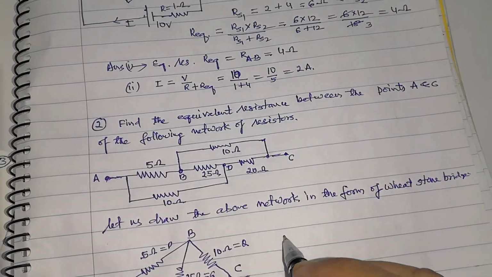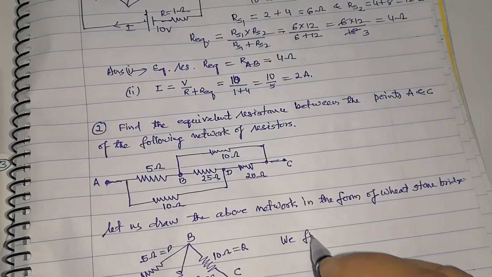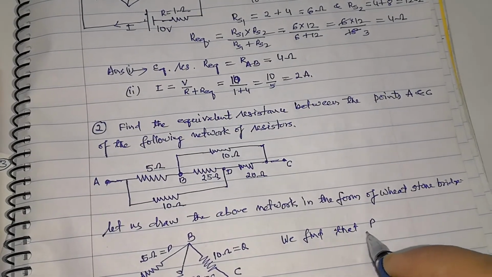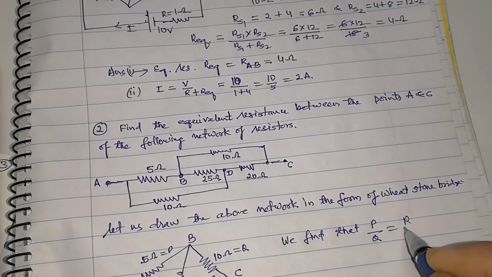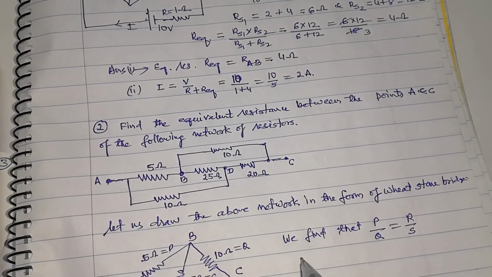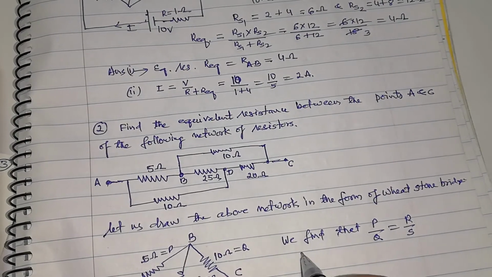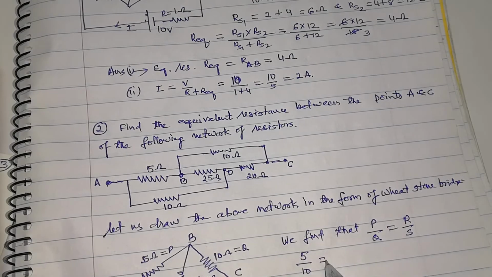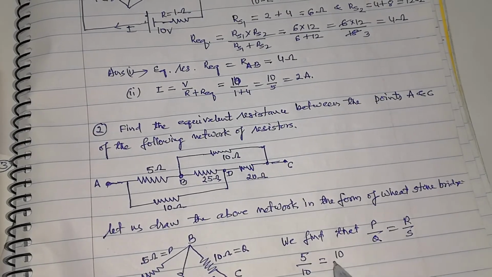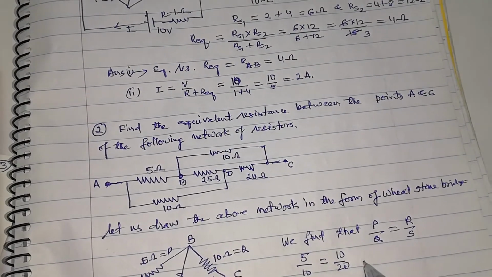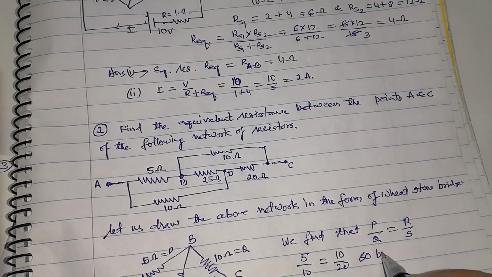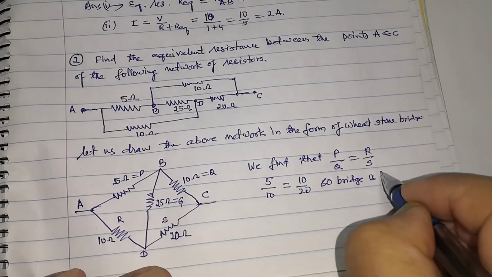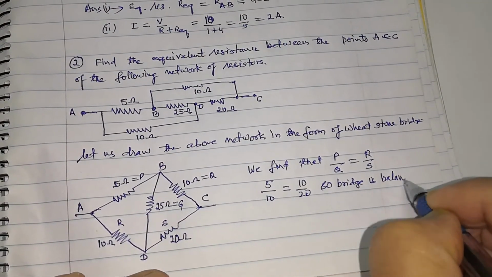Now we find that P upon Q is equal to R upon S. That is 5 by 10 equal to 10 by 20. So the bridge is balanced.